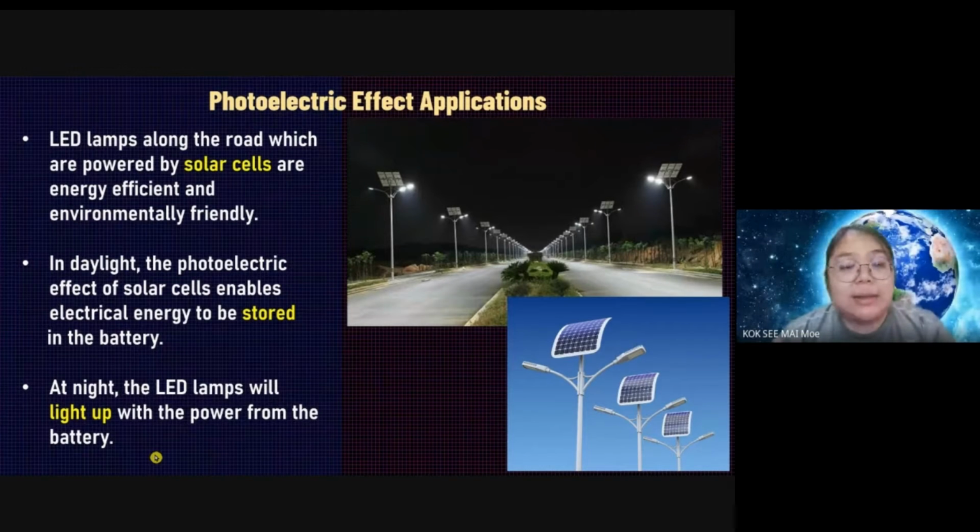The process also uses the photoelectric effect, but during the day it stores. Inside there is surely lithium, and they will keep it, and finally release it during the night. So this is the first application of the photoelectric effect.